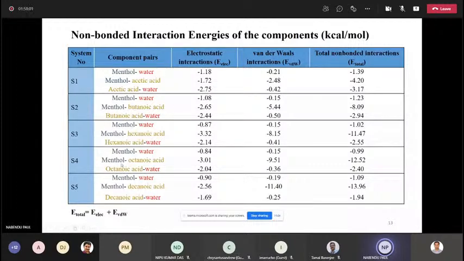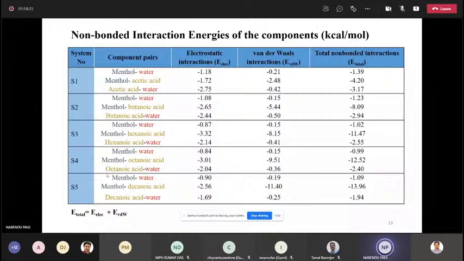But at the same time, the interaction between HBA and HBD is increasing, which means that the DES integrity is improving when we move from acetic acid to higher organic acids.